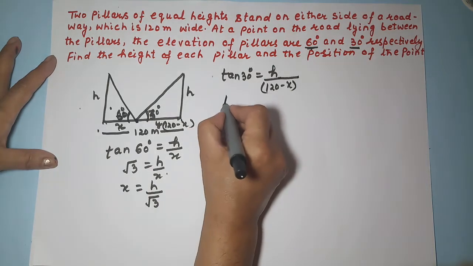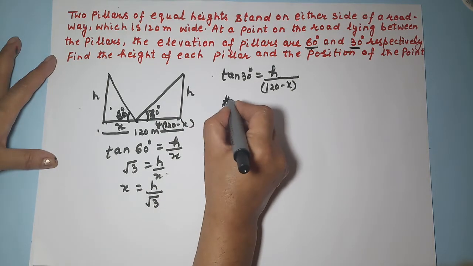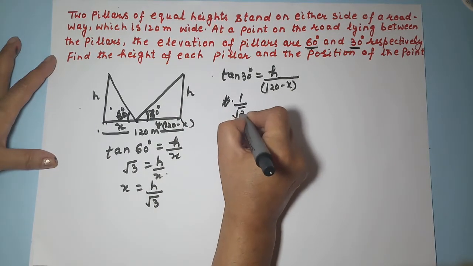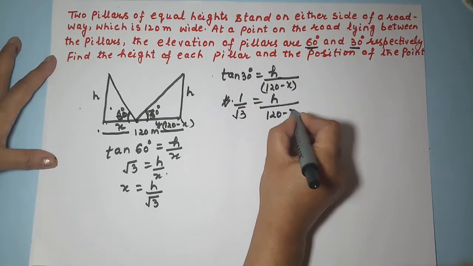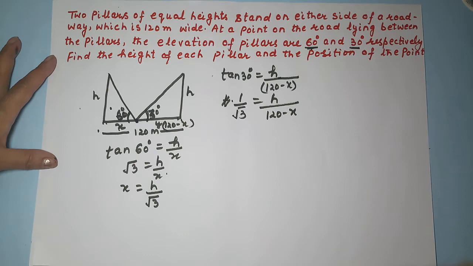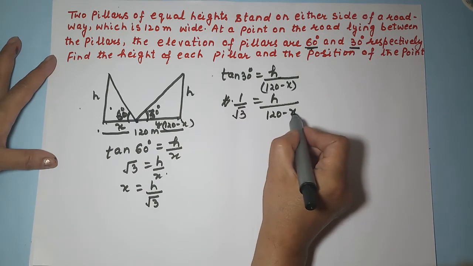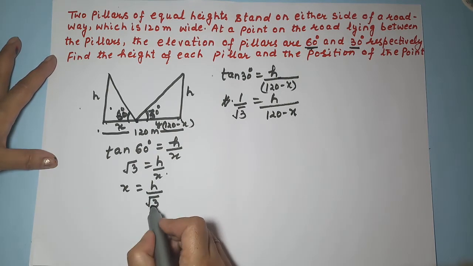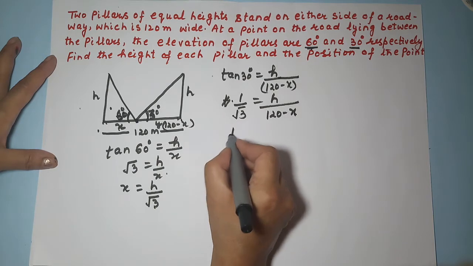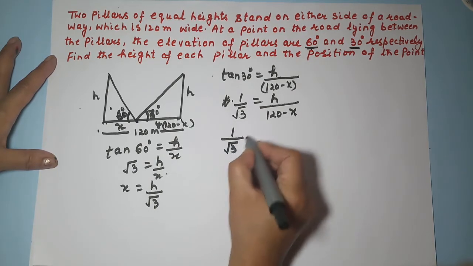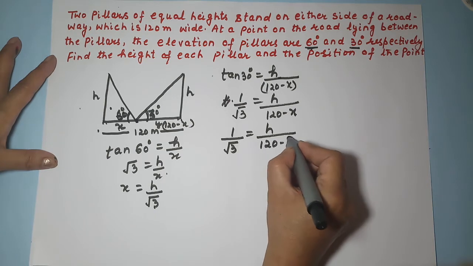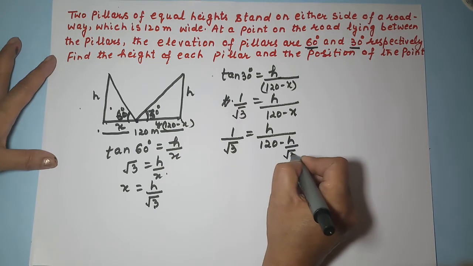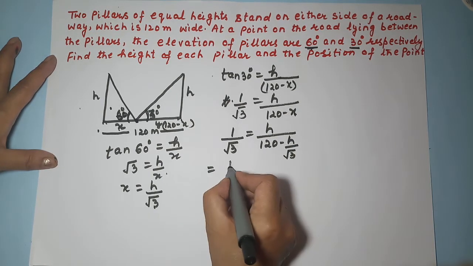So tan 30, which is 1 by root 3, is equal to H upon 120 minus X. Now I will replace this X by H by root 3. So I will get 1 by root 3 is equal to H upon 120 minus H by root 3.